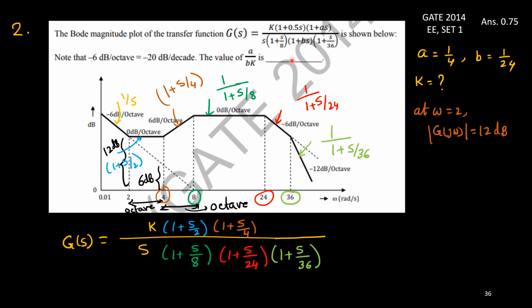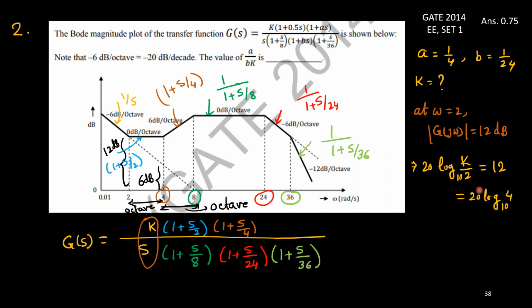Thus I can write 20 log k, and s is j omega, so the magnitude is k by omega, and omega equal to 2, thus it is k by 2 only. 20 log of k by 2 is 12, right?